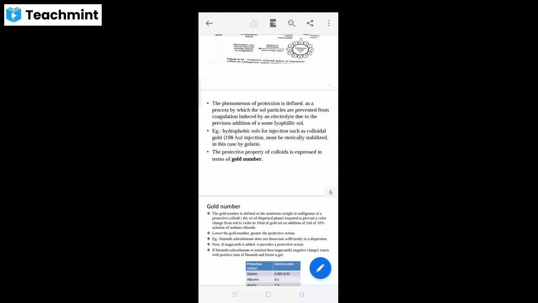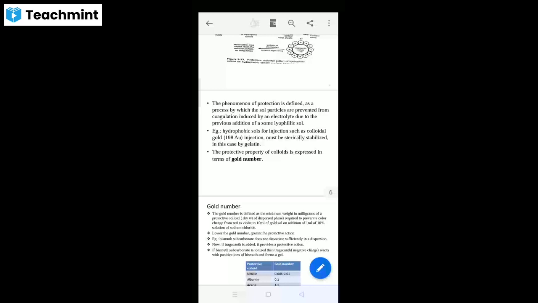So here you can see that this hydrophobic sol injection is getting stabilized by the addition of gelatin. Gelatin is acting as hydrophilic sol, and gold suspension is acting as hydrophobic sol. So the example is very clear-cut, very simple to understand and to keep in mind.